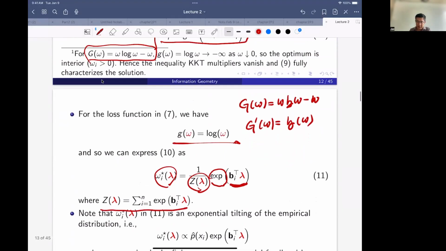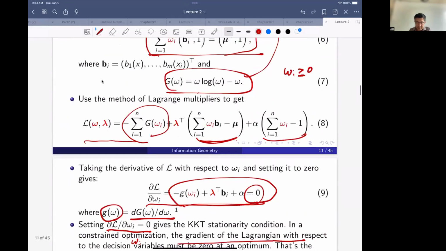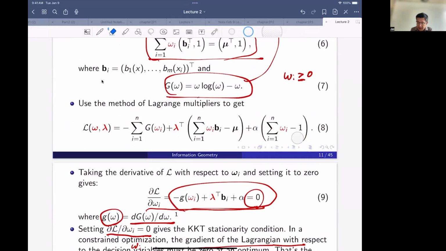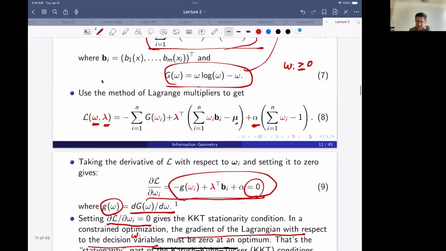If you look at this, I intentionally put red color on omega and lambda, but didn't put red color on alpha, because alpha is not really a parameter in some sense. If you change mu, then you change lambda. So there's a one-to-one correspondence between mu and lambda, if you think of the dimension.